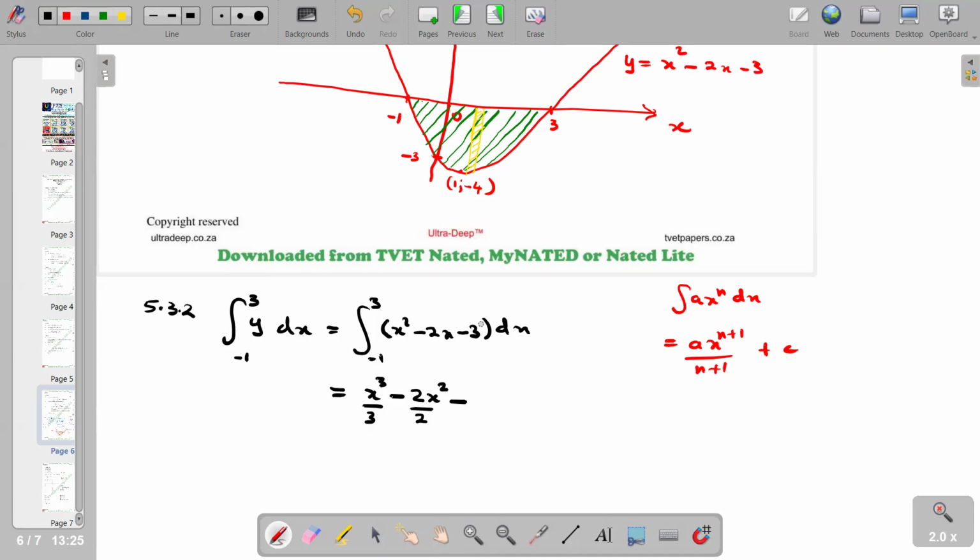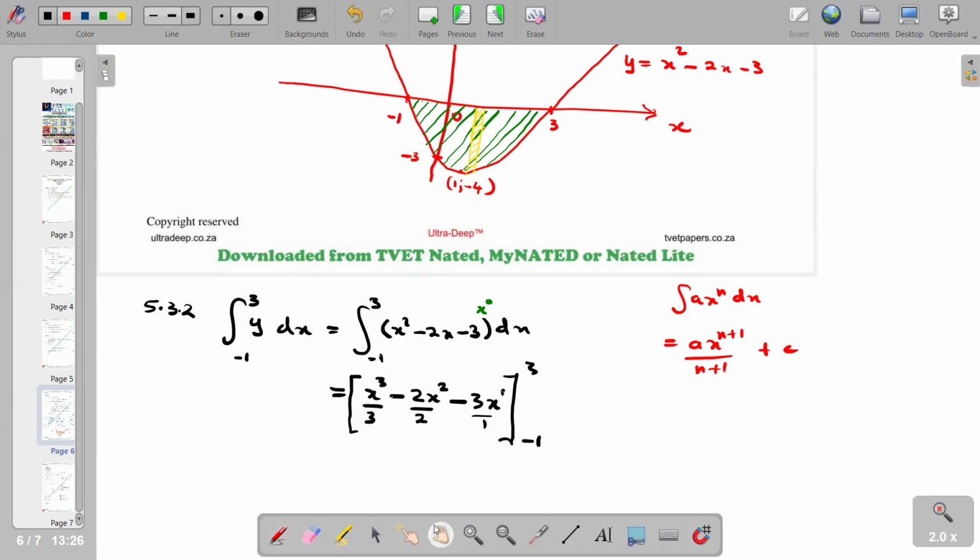Does not mean there was no term in x for the 3; it was there, but it was x to the power 0, so it becomes x to the power 0 plus 1, over 1. Then we have to put our limits, from 3 to -1.